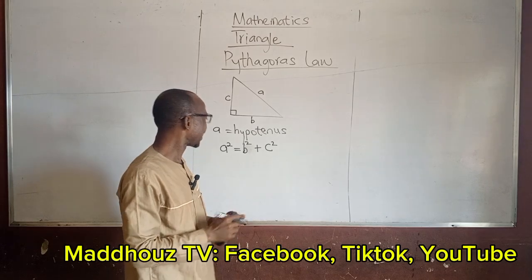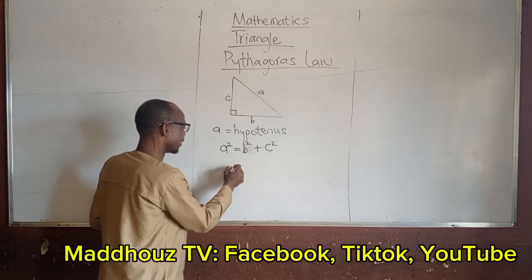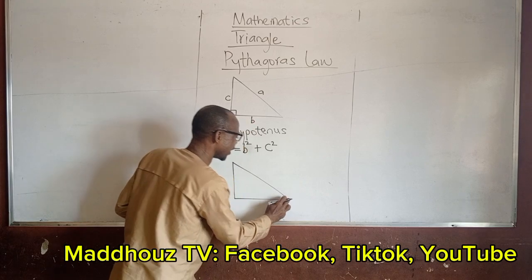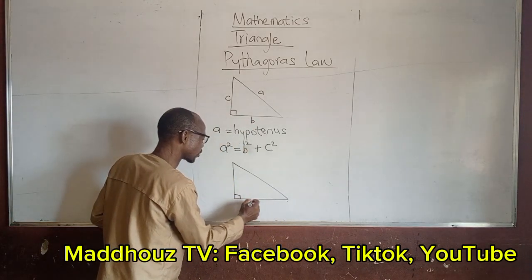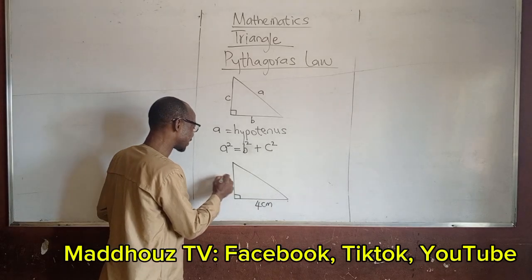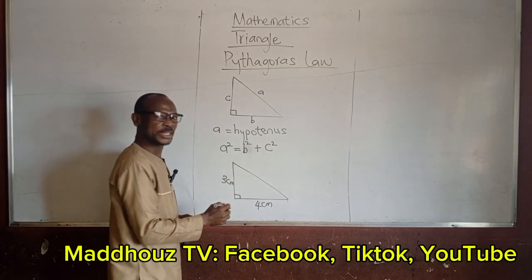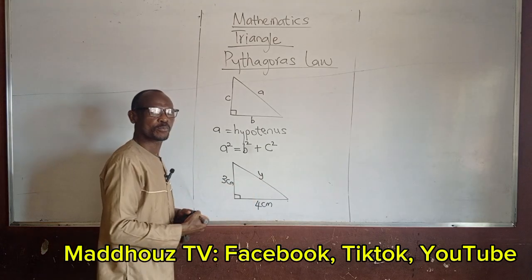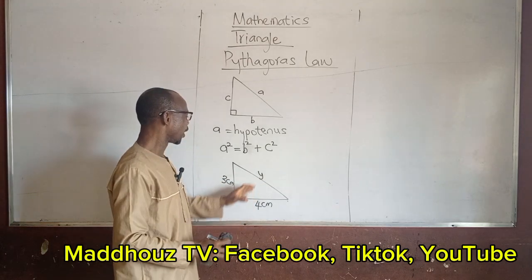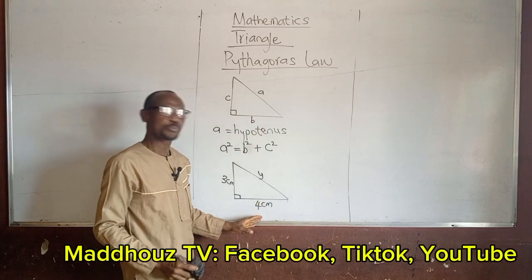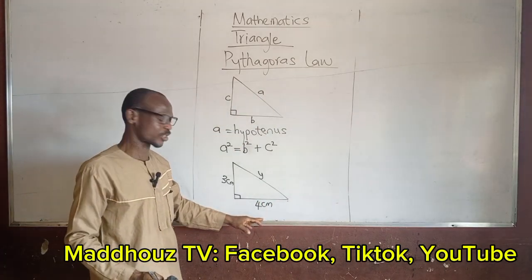Let us try it and see an example. If we have a triangle like this, here is 4 cm and this side is 3 cm. Let us find this side, which we call y. We want to use the Pythagoras law to solve it. What does the Pythagoras law say?